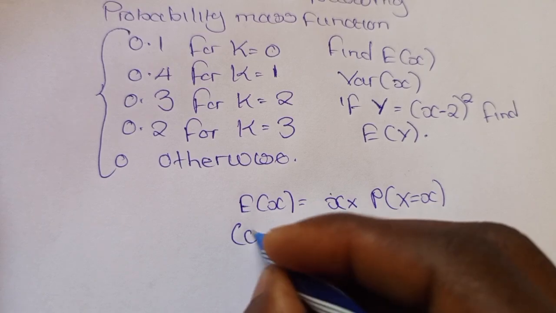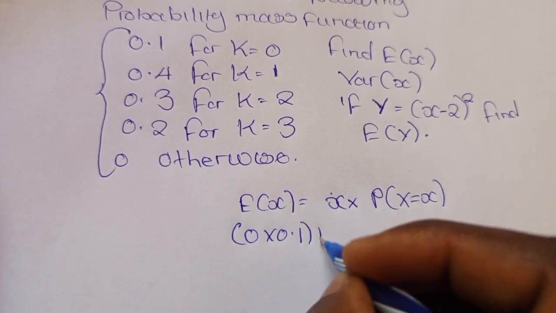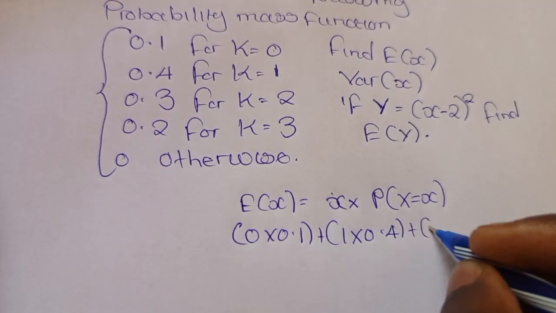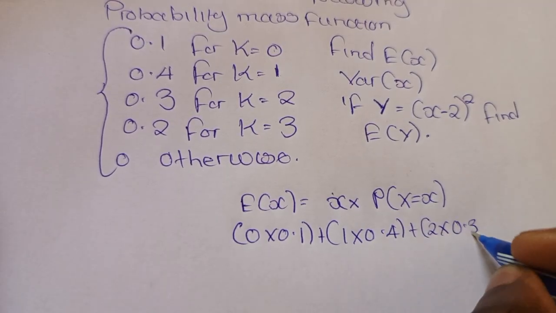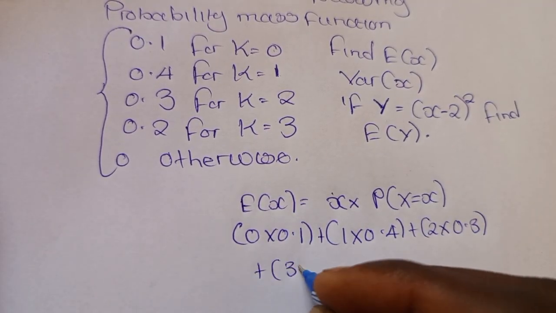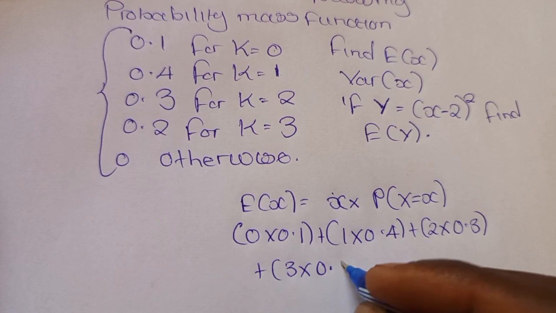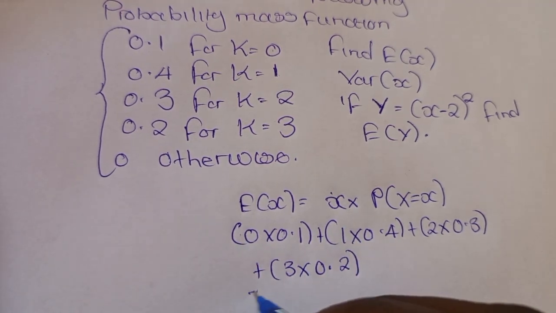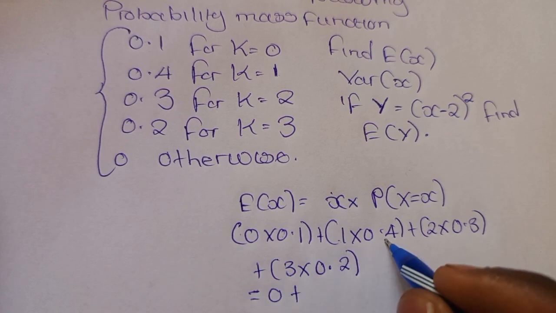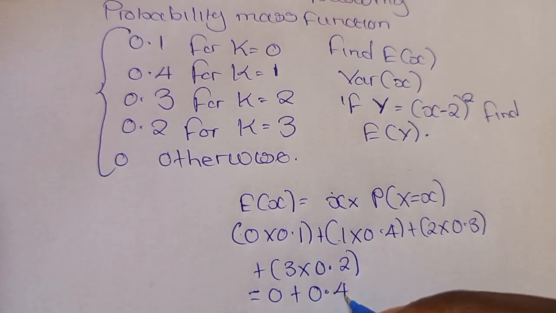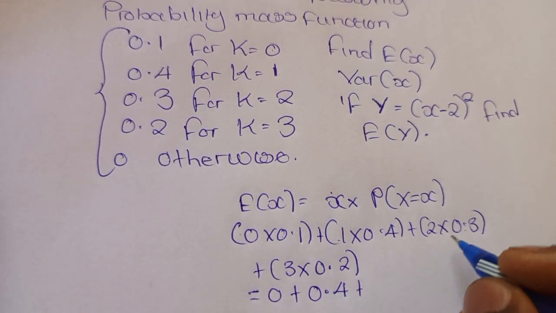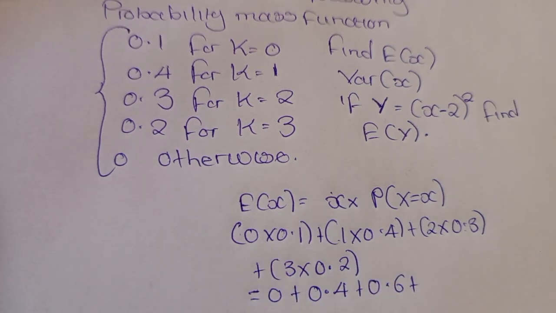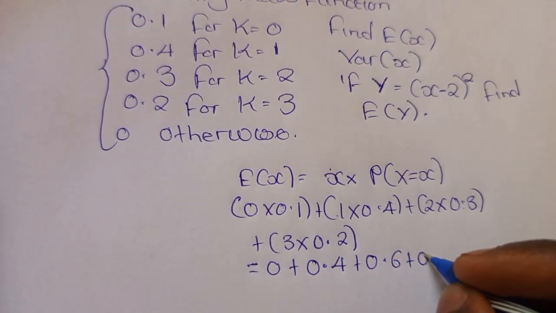So we will have 0 times 0.1 plus 1 times 0.4 plus 2 times 0.3 plus 3 times 0.2. So when you multiply this times that, you basically get 0, plus 1 times this, you basically get 0.4, 2 times 0.3, you basically get 0.6, and 3 times 0.2, you basically get 0.6 as well.